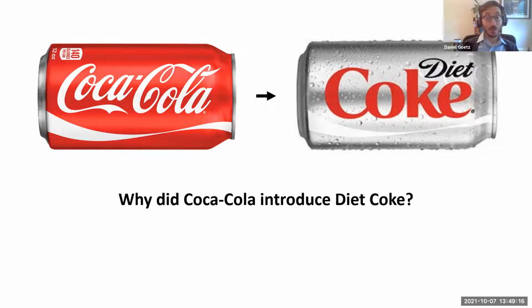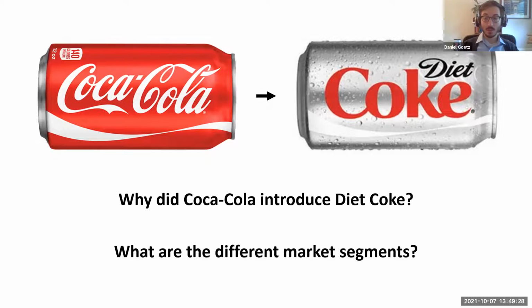Yeah, it's right there in the title, maybe for people on a diet, health conscious, right? Diet Coke has 0 calories. Coca-Cola has, well, you can see here 140 calories. So yeah, maybe for people who are health conscious and prefer less sugar, right? And those are different market segments, right? Okay.